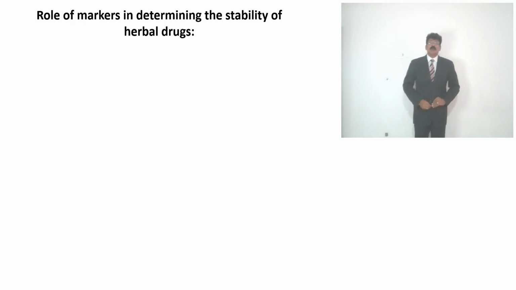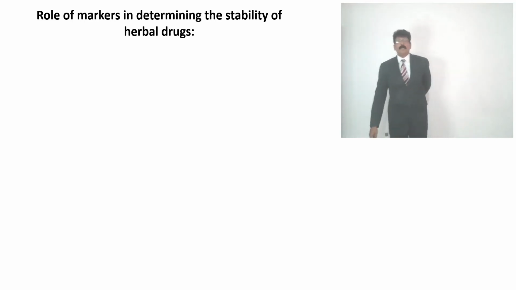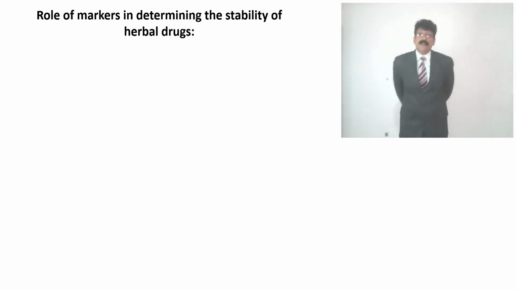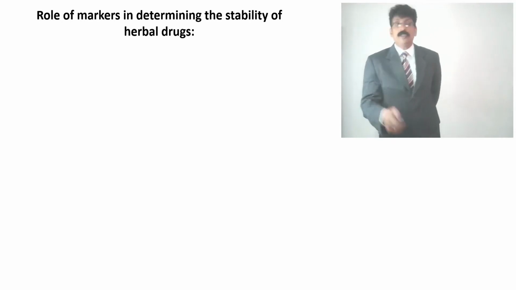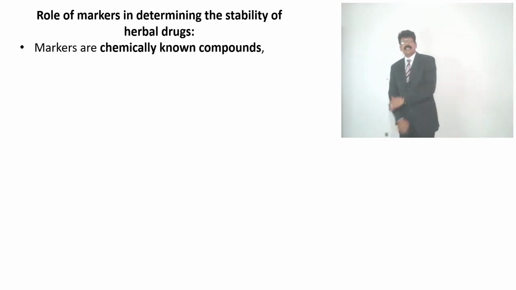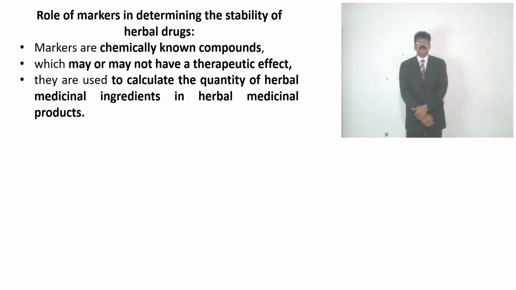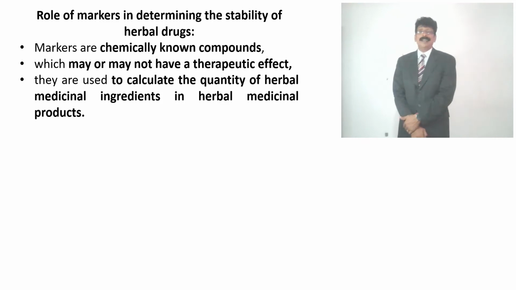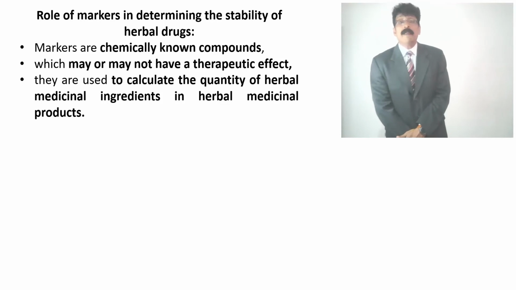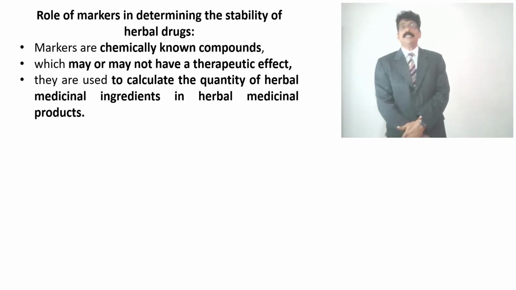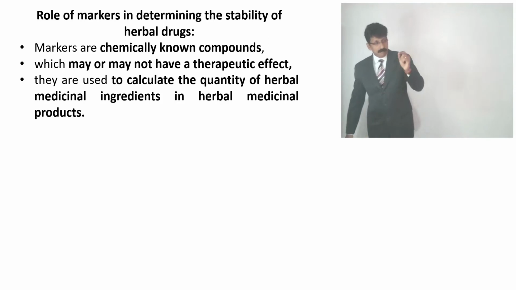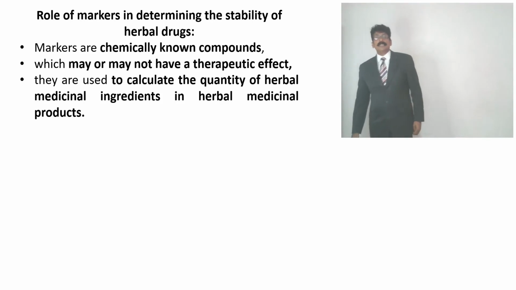So the role of markers is in determining the stability of herbal drugs. Here, markers are chemically known compounds which may or may not have a therapeutic effect. They are used to calculate the quantity of herbal medicinal ingredients in herbal medicinal products.